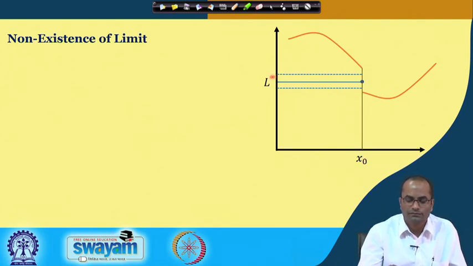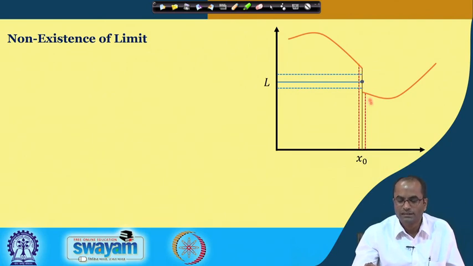Here, this is the epsilon neighborhood, but we see in this case that there is no neighborhood of x naught, however small a neighborhood you take, where the difference between the function value and the limit does not exceed this epsilon.